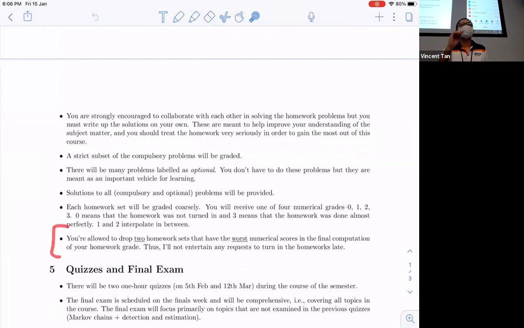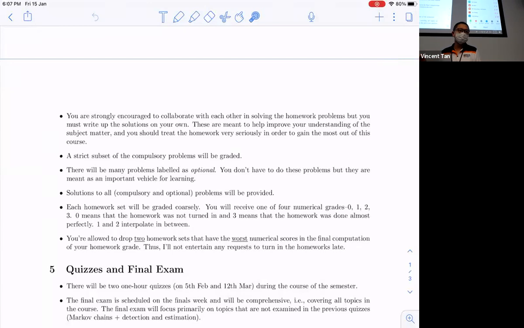So here, 11 or 10 homeworks, right? Depending on my stamina at the end of the semester, there may be 10 homeworks only. You are allowed to drop the worst 2. So if there are n homeworks, we only take the average score or the total score of n minus 2 homeworks. So you're allowed to have 2 homeworks that are 0.